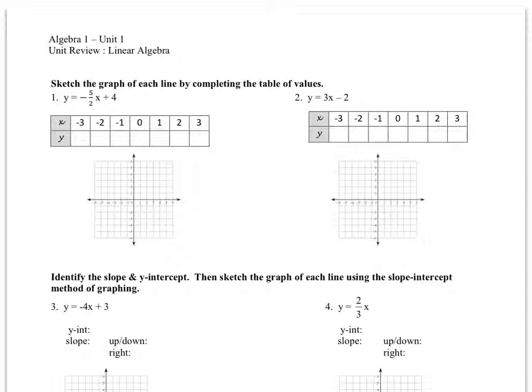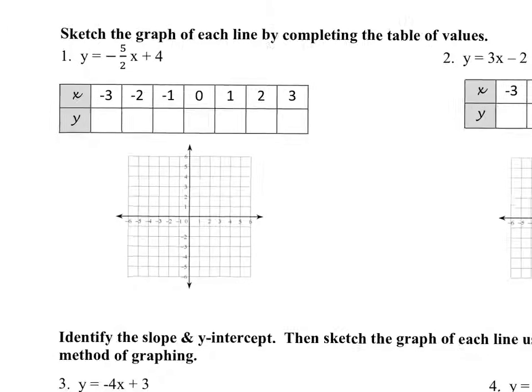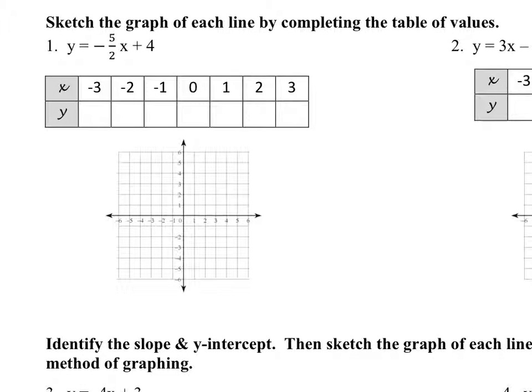So in this particular question, we are asked to fill out a table, and we must plug in all those numbers to do so. To start with, we plug in -3, we would have -5/2 times -3 plus 4.